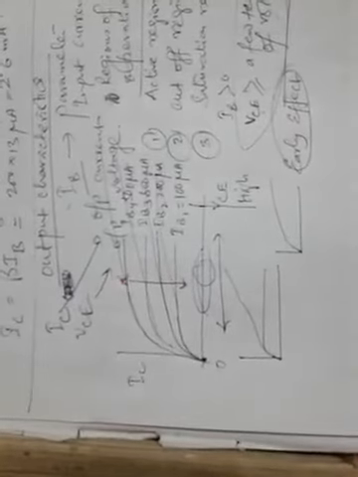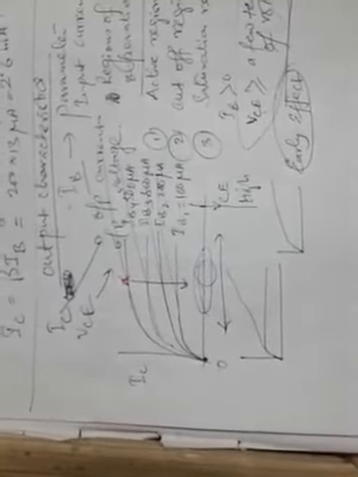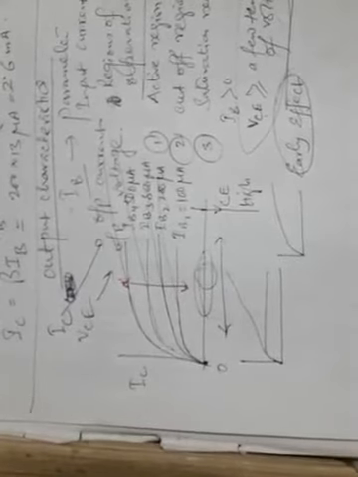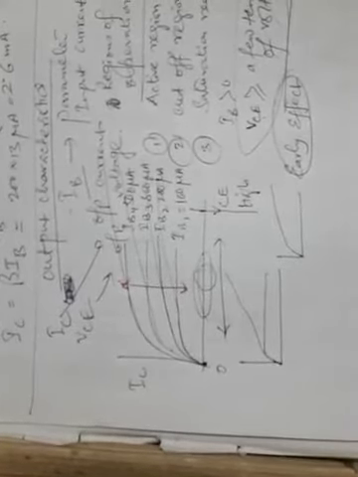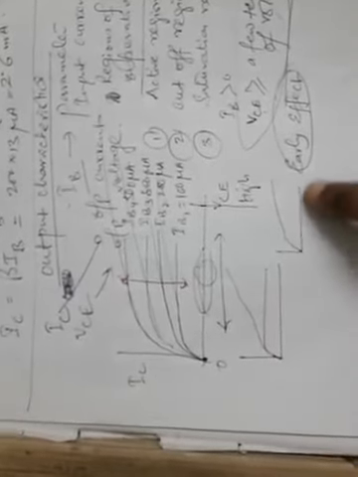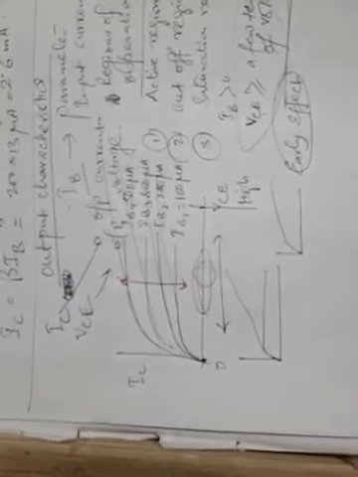It is because of the early effect. This early effect will be discussed a little later in the next lecture, and because of it the collector current will keep increasing a little bit. The curve will not be exactly horizontal, parallel to the voltage axis.